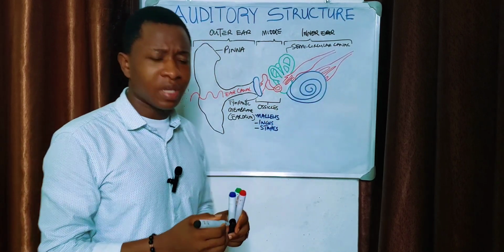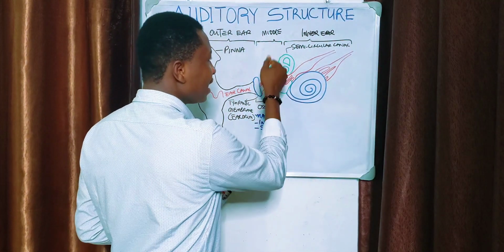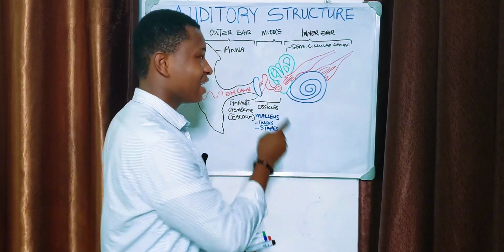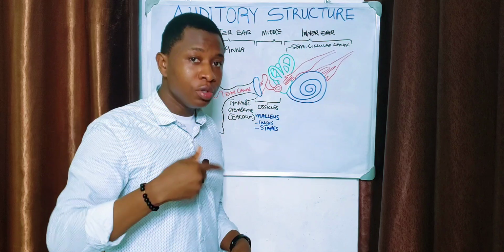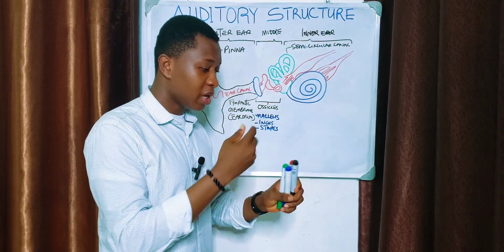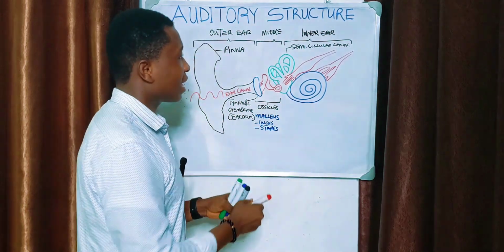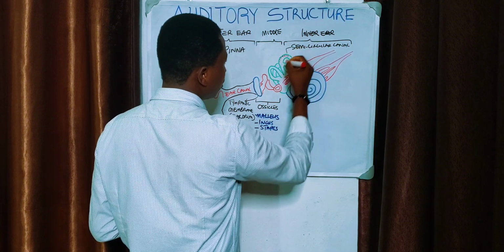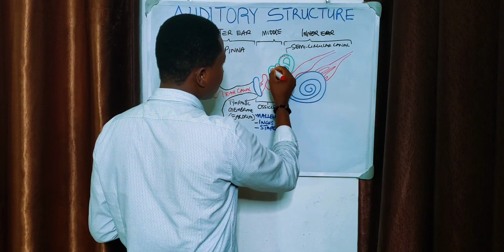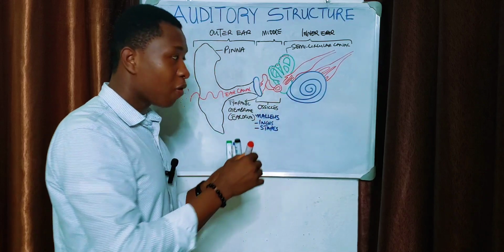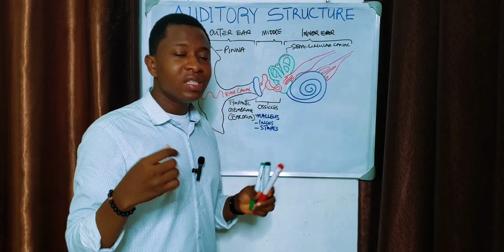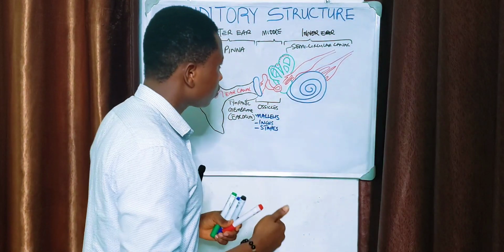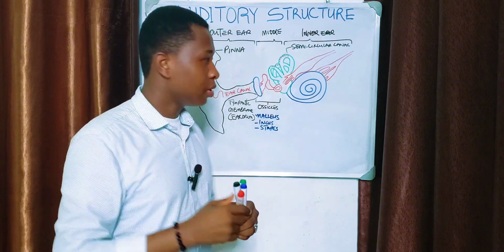Now, what's the function of the semicircular canal? Inside the semicircular canal, just like the cochlea that has fluid, which we're going to talk about in a short while, are hair-like structures that line it. What is the function of this structure?